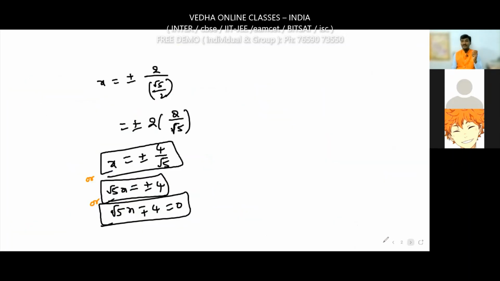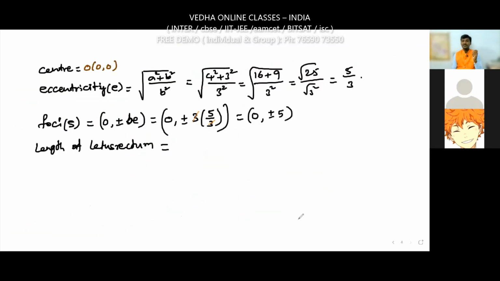Here we take 2a square by b. So that means 2 into a square, a value is 4 square, divided by b, b is equal to 3. That means 4 square is 16, 16 two times is 32, divided by 3. This is the length of latus rectum.